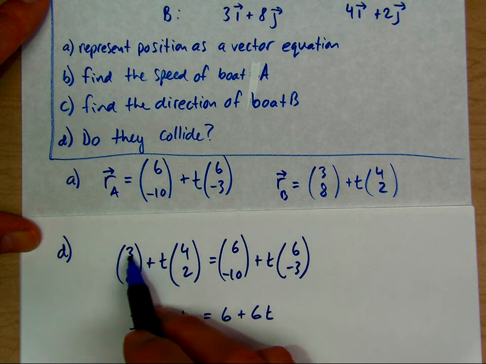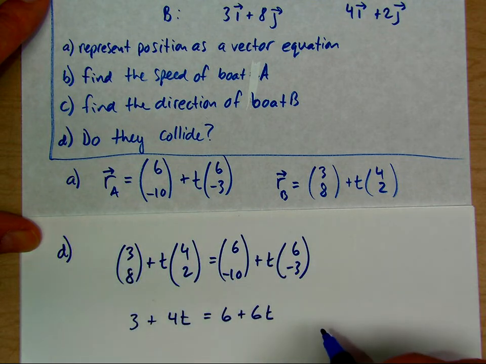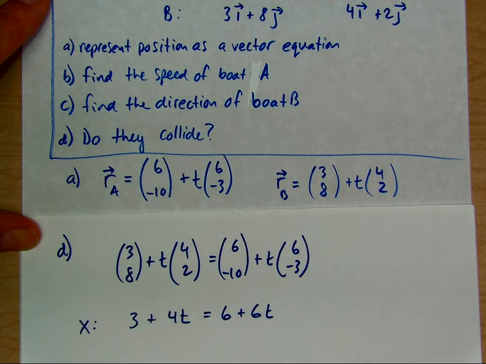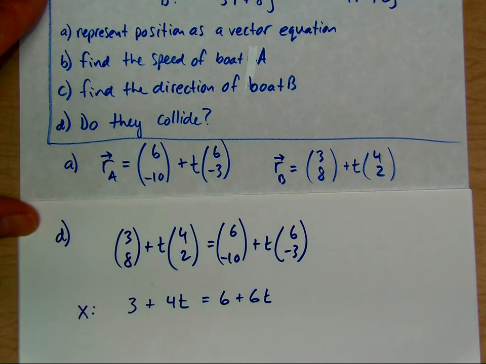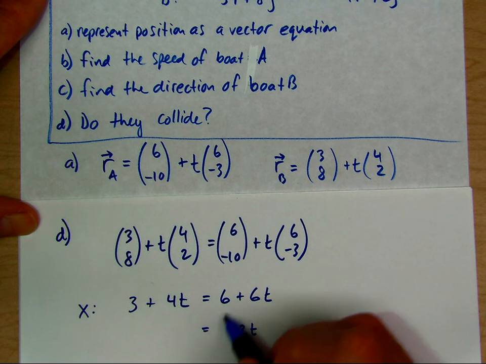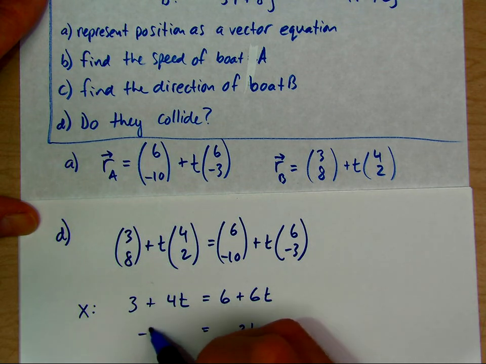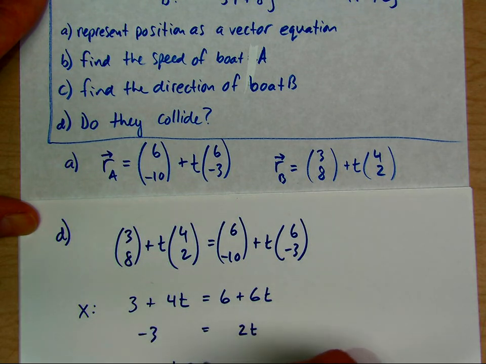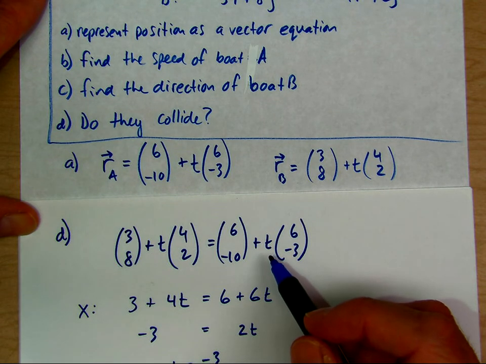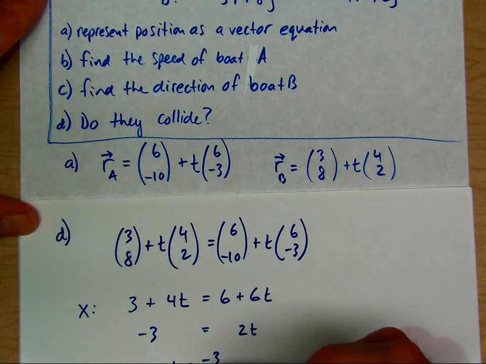So we're just taking the top row, and let's subtract 4t and subtract 6. So t is negative 3 over 2. That says that the boats will have the same horizontal position at time negative 3 over 2.